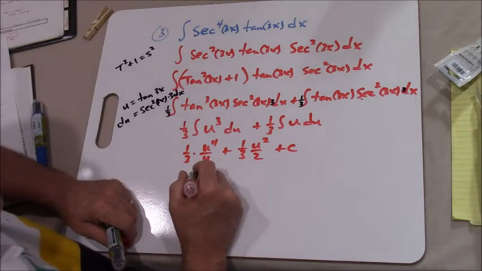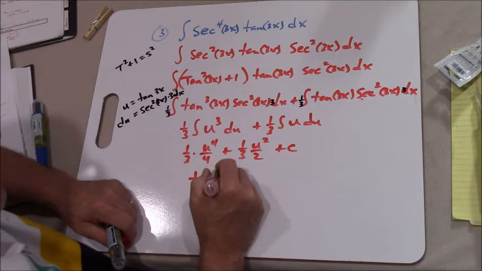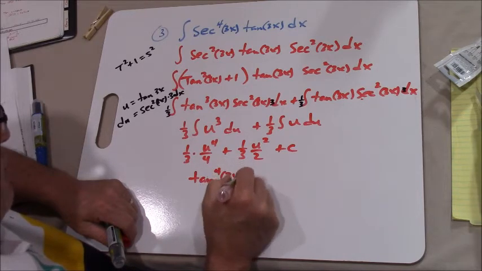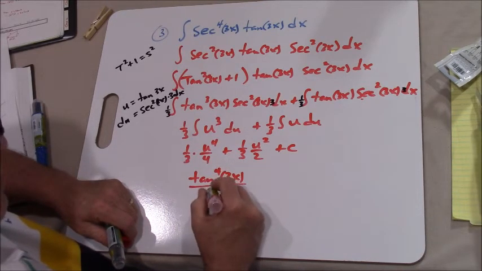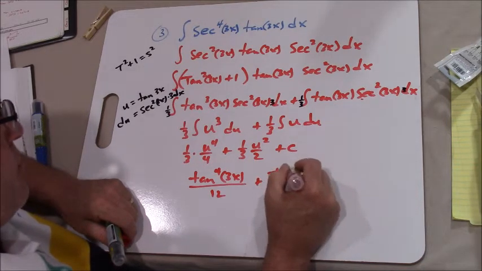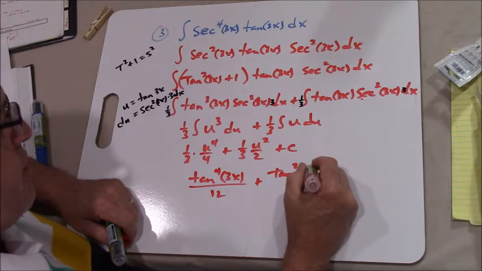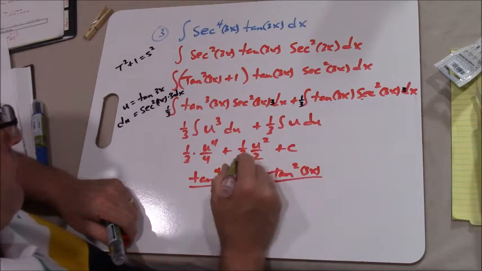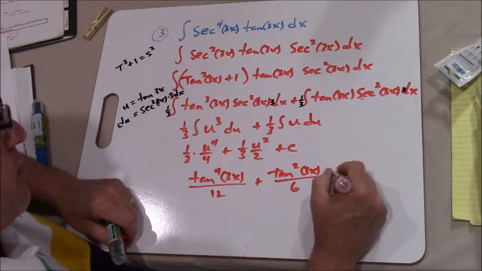And then my final answer here will be tangent to the 4th of 3x over 12 plus tangent squared of 3x over 6 plus c.